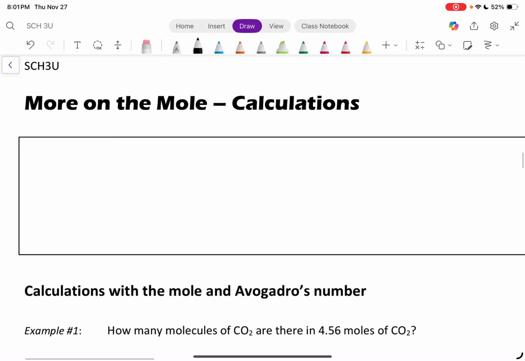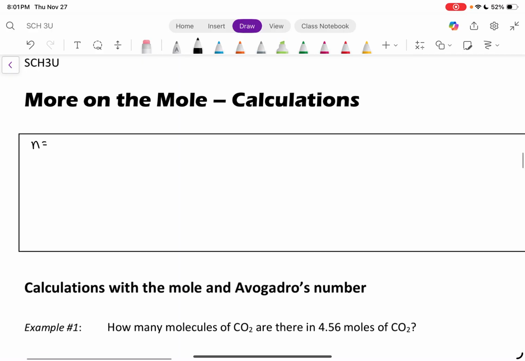So the first formula that is very popular in the chemistry world is n equals little m over big M. Okay, n represents your amount of a substance. And this is always in moles.